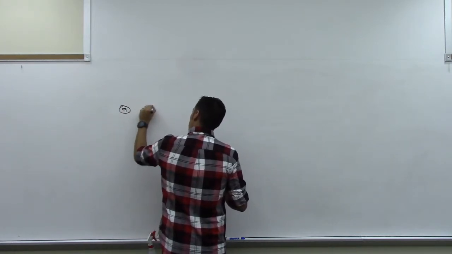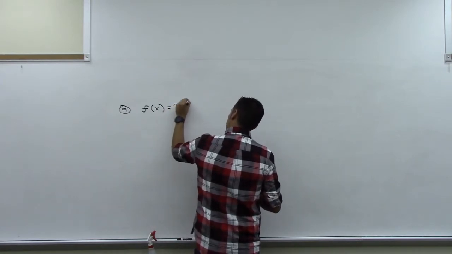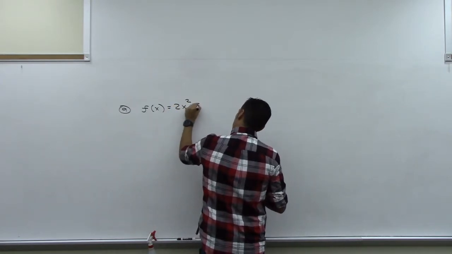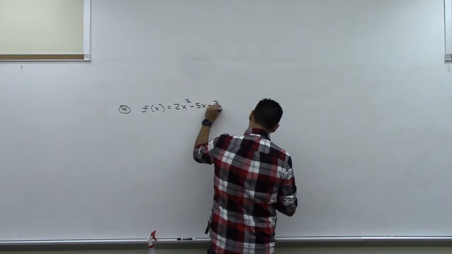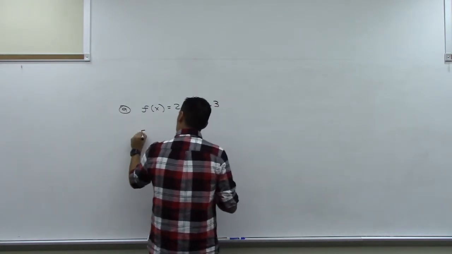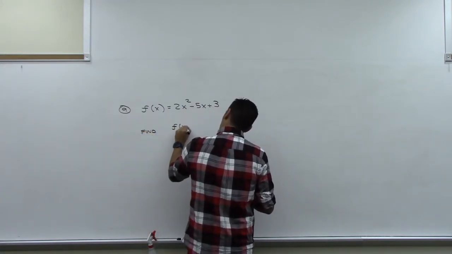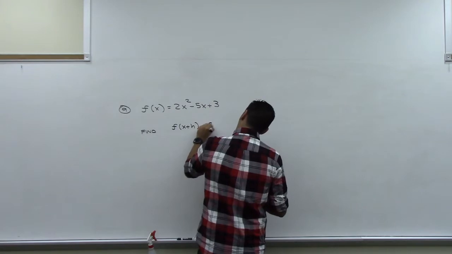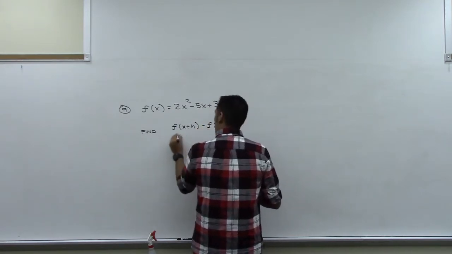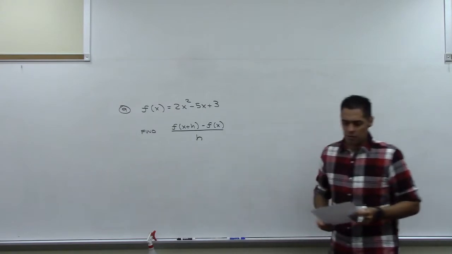So they give you a function, and it is a quadratic function, 2x squared minus 5x plus 3. And they say find f of x plus h minus f of x all over h. And this was called the difference quotient.